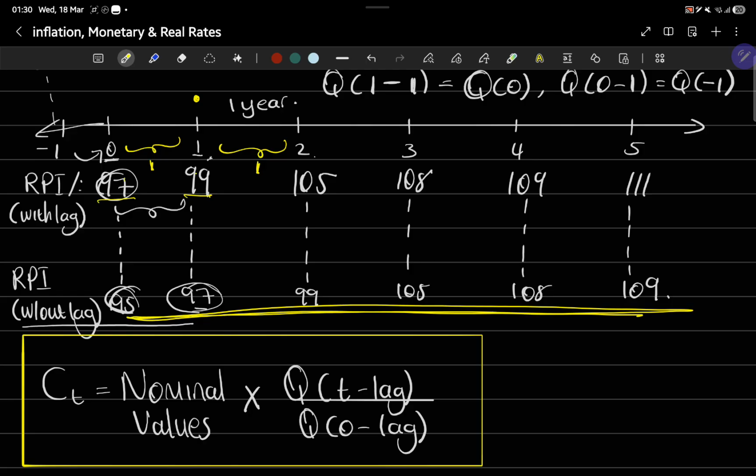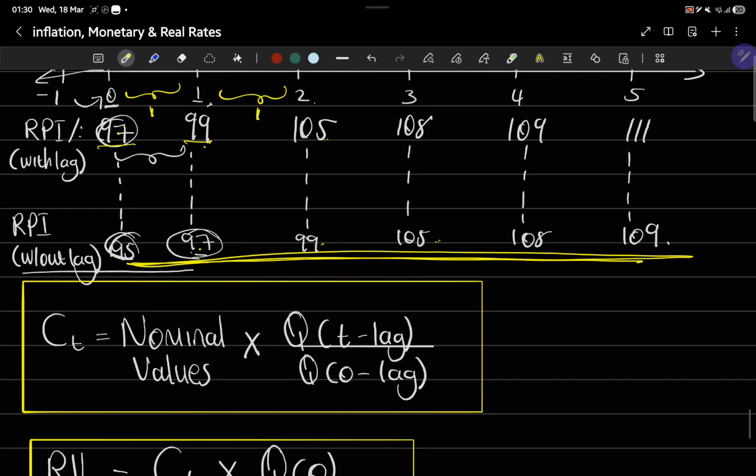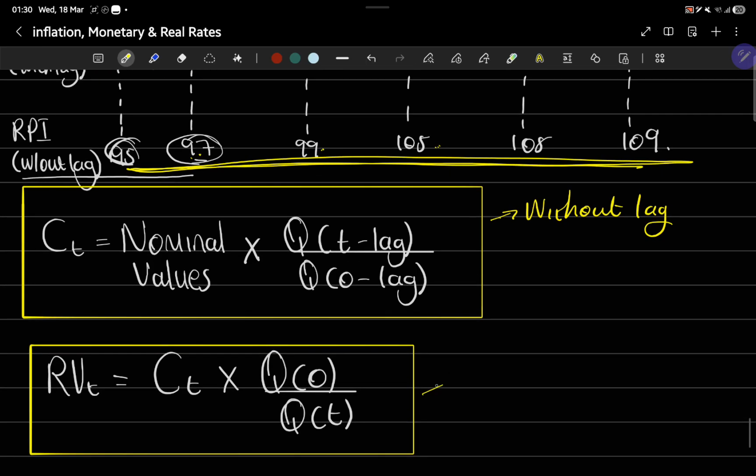So the index without lag is just the index in the time before. The index at time 1 without lag is just the index at time 0. The index at time 2 without lag is just the index at time 1. The index at time 3 without lag is just the index at time 2. So to get the monetary cash flows, we use the indices without lag, and to get the real values, we use the indices with lag.